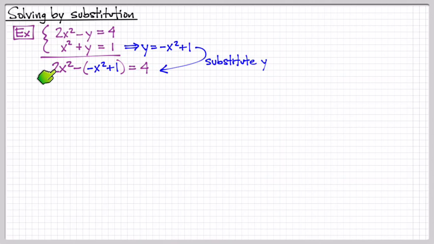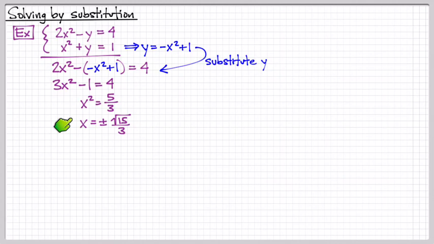So now I got rid of the y. And now I have a single variable, and I have a quadratic equation, and I can solve any quadratic equation. In this case, we're going to solve it with square roots because I have a nice singular x squared term. So I have x squared is equal to 5/3. Take the square root of it. Don't forget the plus or minus. And we have part of our solution.